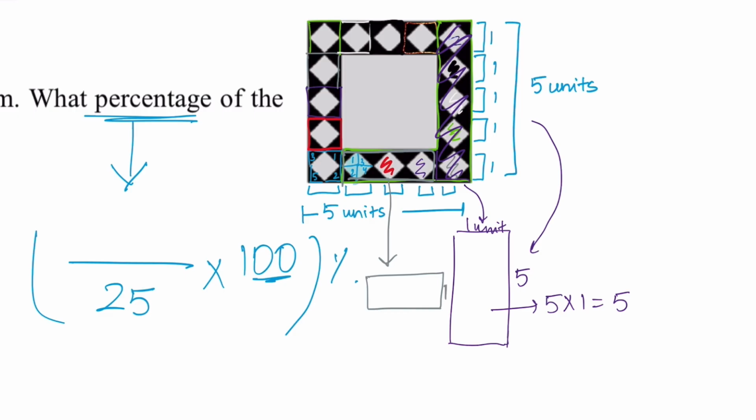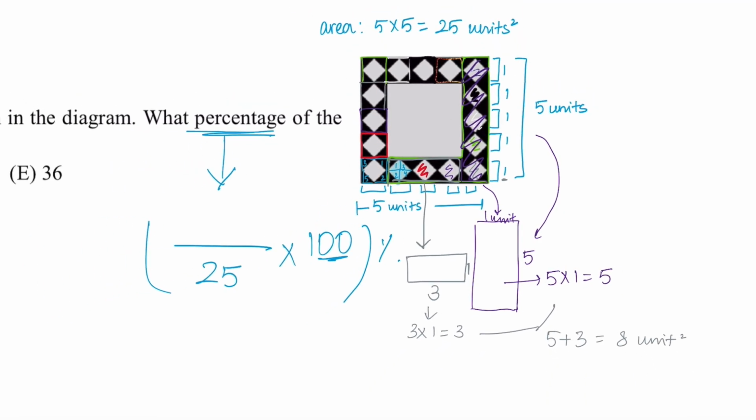This is 1 unit, remember from here. And then because it has 3 diamonds on the covered area, it is 3 units. So it'll be 3 times 1, which is 3, right? So that means the portion that's black out of the whole carpet, or sorry, the tablecloth, is going to be 5 plus 3, which is 8 units squared, right?